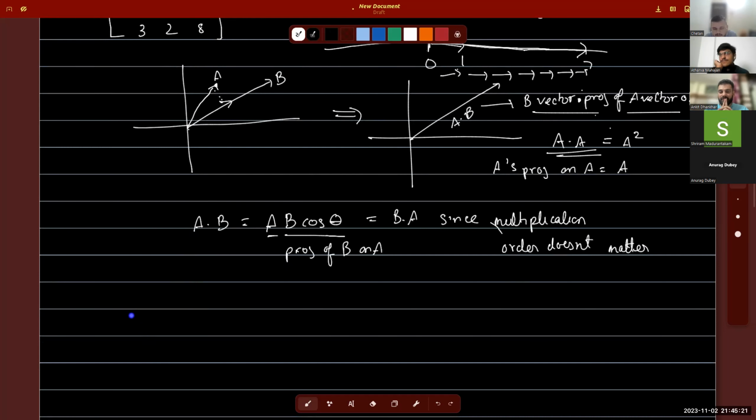We are taking a dot a, that would be equal to a times a cos theta. But both are the same vector, so the angle between the two is 0, and cos 0 would be 1. What we essentially get is a times a, the magnitude square. So that would be the dot product of the two. Write it as magnitude square.